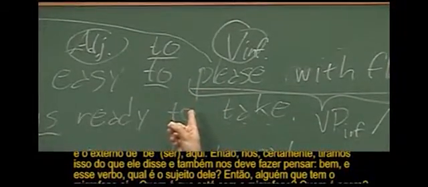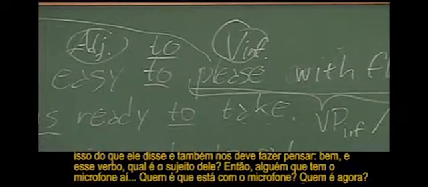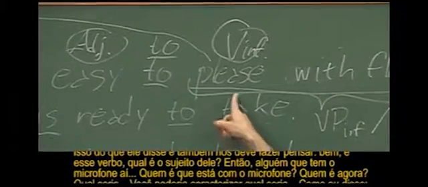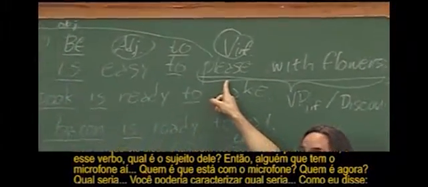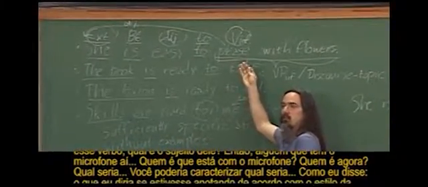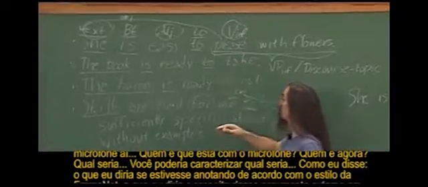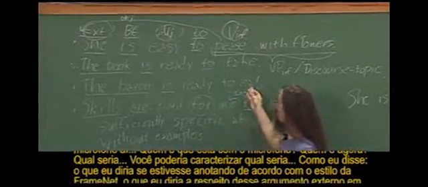So somebody who has a microphone out there, who is that right now? Okay. Can you characterize what I would say if I were annotating FrameNet style? What would I say about the external argument of please, or take, or eat?